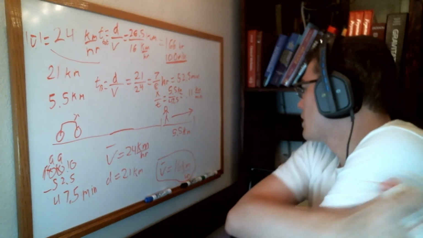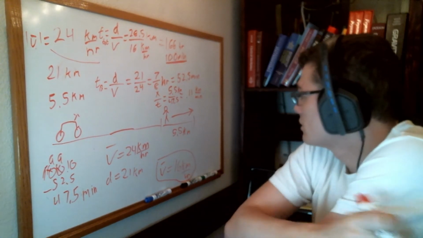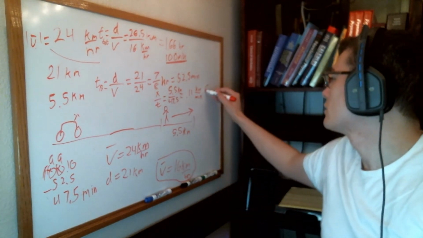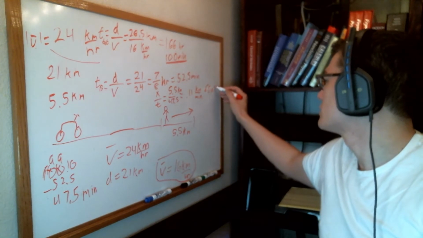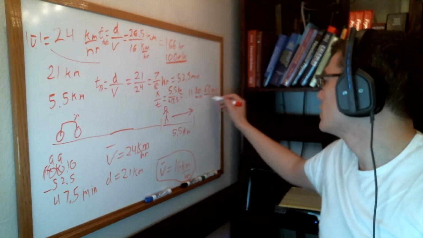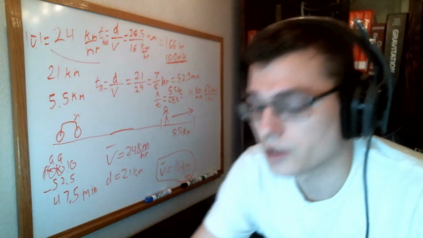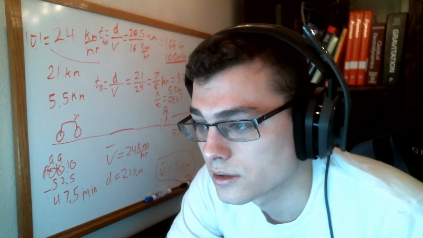Now we're probably going to want to put this into kilometers per hour. We have 60 minutes in an hour, so we need to multiply this quantity by 60.